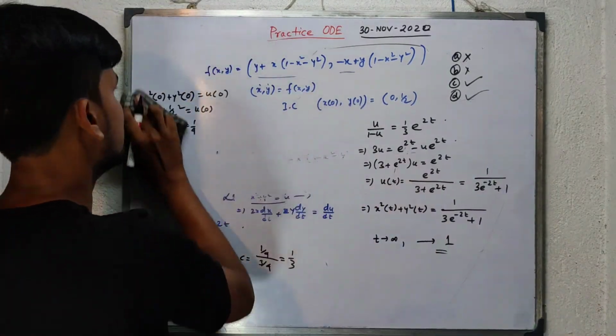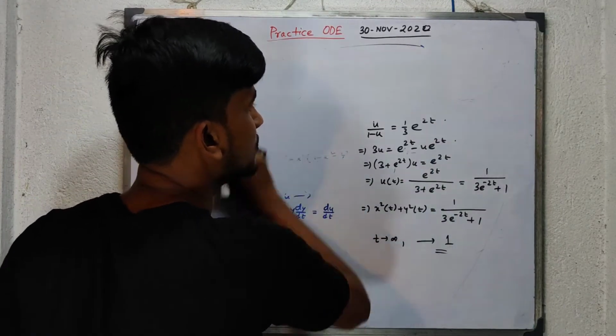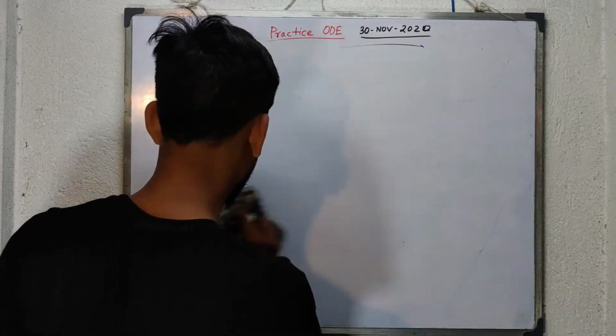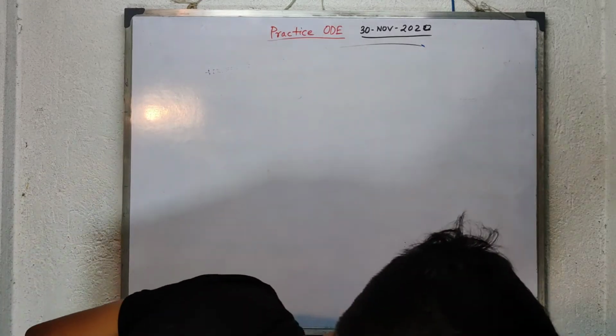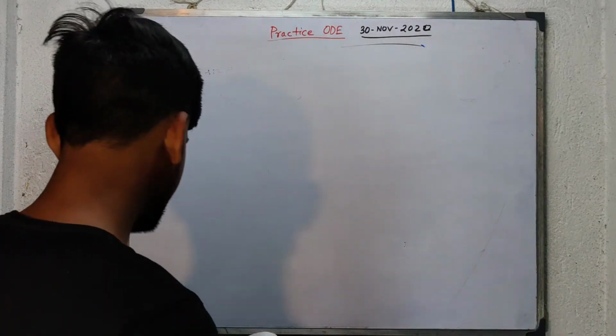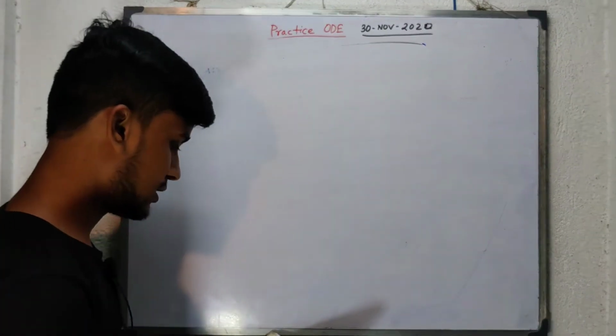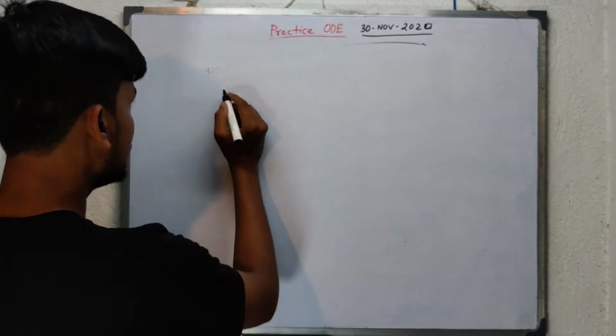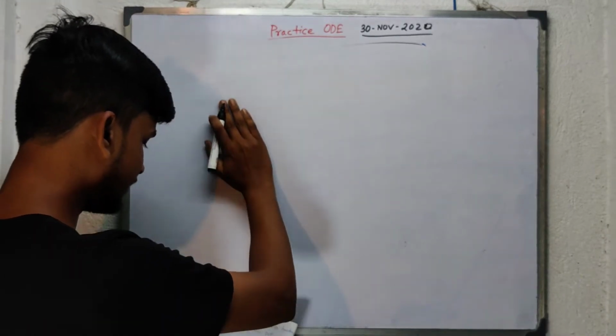Now go to the next question. The next question says: let x and y be continuously differentiable functions on 0 to infinity and satisfy the respective IVPs.